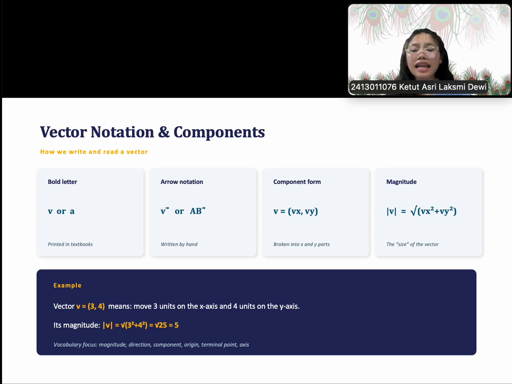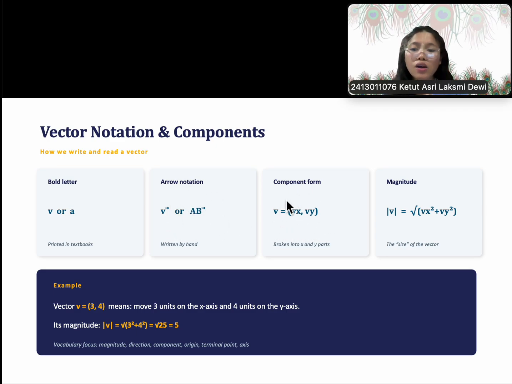Now, let's learn how to write a vector correctly. Look at this. There are several common notations. First, we can write it as a bold letter, such as V or A. Second, when we write by hand, we usually add a small arrow above the letter like this.